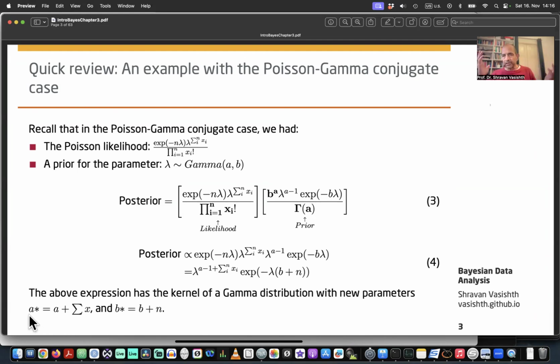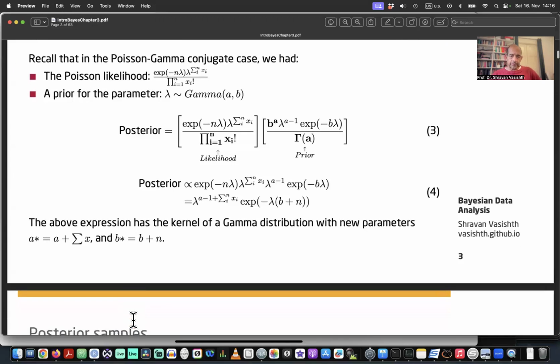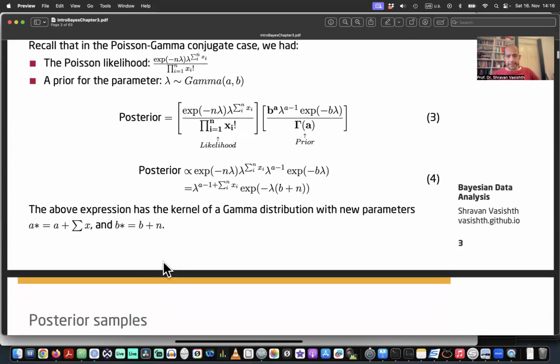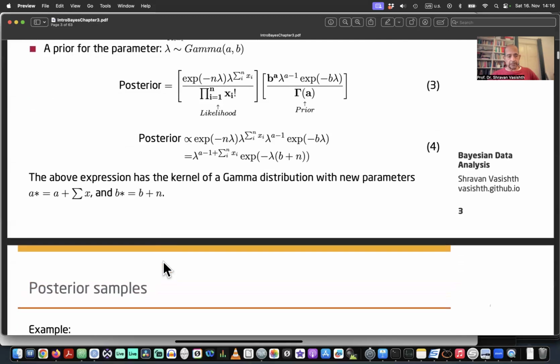So we don't actually need to do any computational work as such, because once we know the posterior, we can just use the DPQR family of functions to figure out our uncertainty of the posterior distribution and what we learned from the data, right? The DPQR family of functions gives us everything that we need to know about the posterior distribution without having to do any MCMC sampling or something like that.